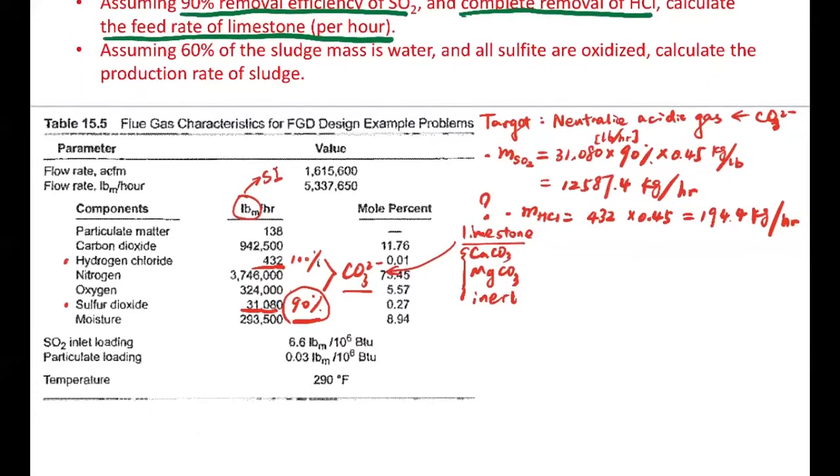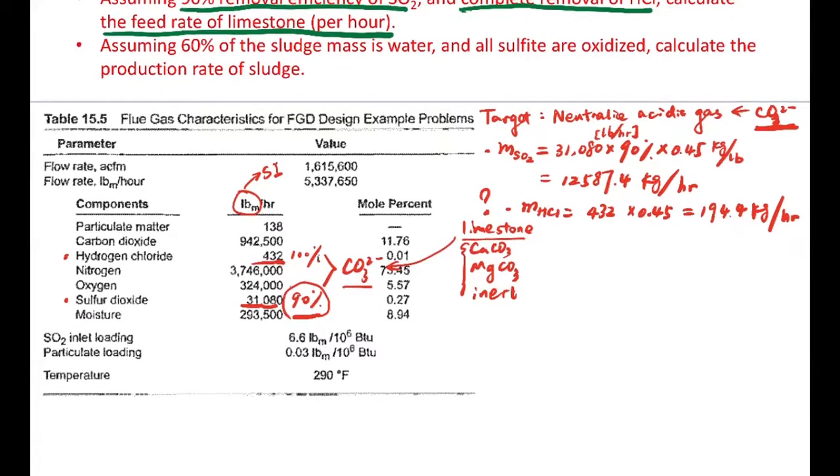We have to control these acidic gases, and to neutralize them we're using carbonate ions. So based on their mass flow rate, we should be able to calculate the molar flow rate of the carbonate ions needed for the reaction. Sulfur dioxide reacts with the carbonate ions at a stoichiometric ratio of 1:1, because we're forming sulfite ions and carbon dioxide.